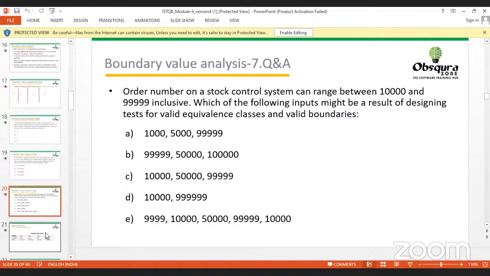Which of the following inputs might be a result of designing tests for valid equivalence classes and valid boundaries? So here we have to consider the valid boundaries and valid equivalence classes. So it is a combination of both equivalence class and boundary value analysis. So how will you do that?